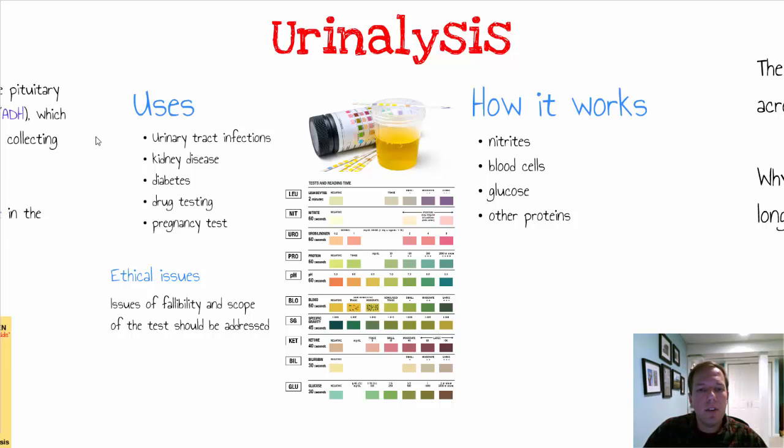The most obvious of which to be able to detect are UTIs, urinary tract infections, because if bacteria are present in the lining of the excretory system, so within the kidney nephrons, within the ureter, the bladder, or the urethra, then those bacteria are going to convert all of the nitrates in your blood to nitrites. And so the presence of those nitrites is going to signify that bacteria is there.